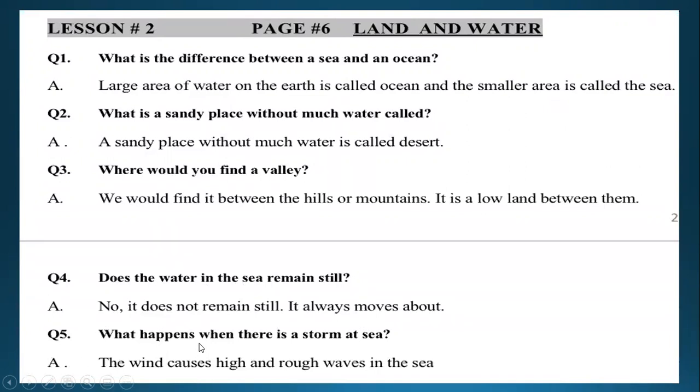What happens when there is a storm at sea? The wind causes high and rough waves in the sea, and this is called a storm. When the wind causes high and rough waves in the sea, then there is a storm at sea.